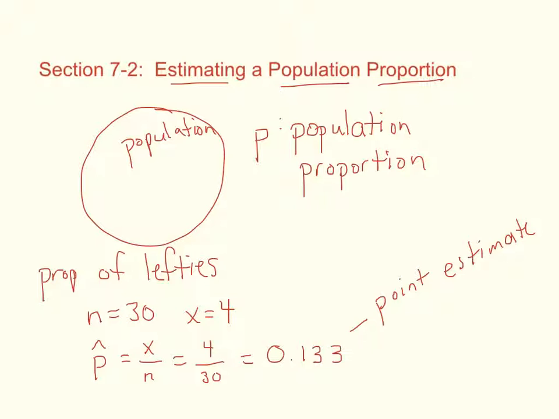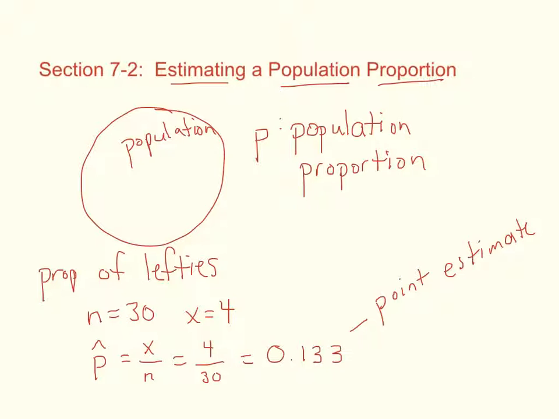It might have been that in our sample size of 30, 15 of them, by some odd chance, ended up being left-handed, and then our p hat would be 0.5, and we can use common sense and know that we wouldn't say half of the population is left-handed. So this point estimate can be either good or bad.